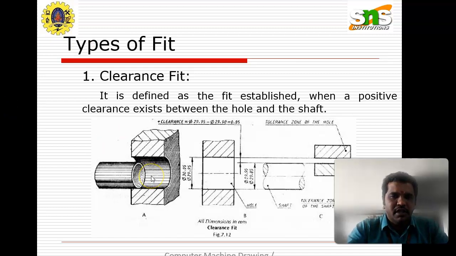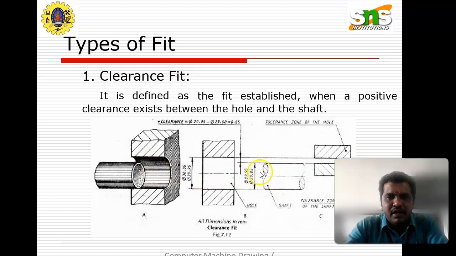In this diagram you can see the deviations of the tolerance values. The diameter of the shaft is 30.05 and 29.95, which are the tolerance limit values for the shaft.